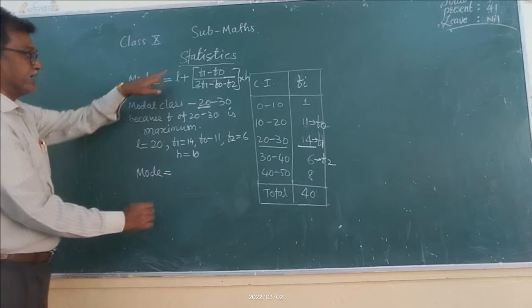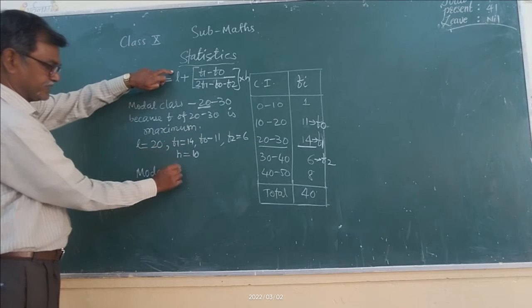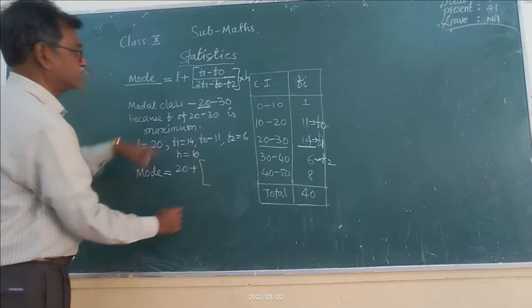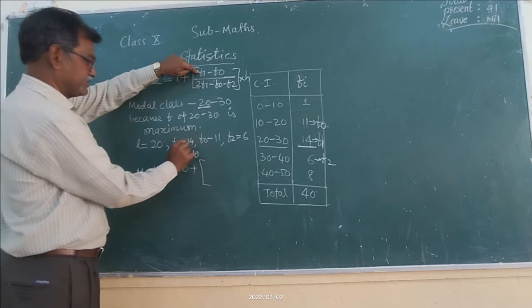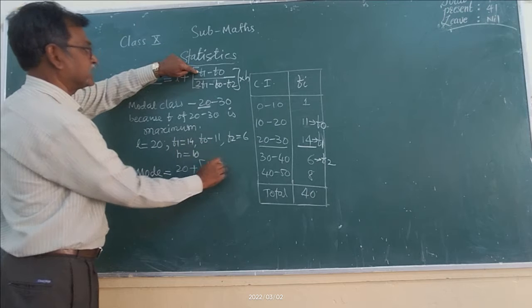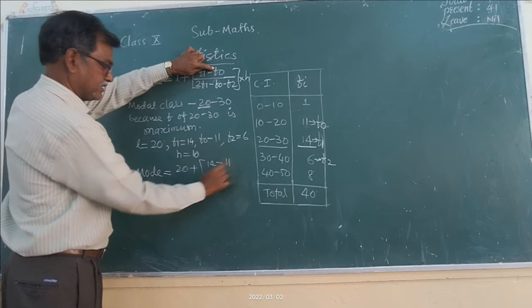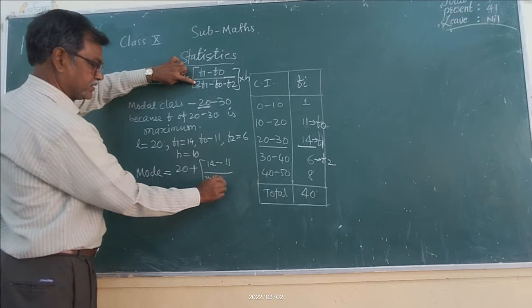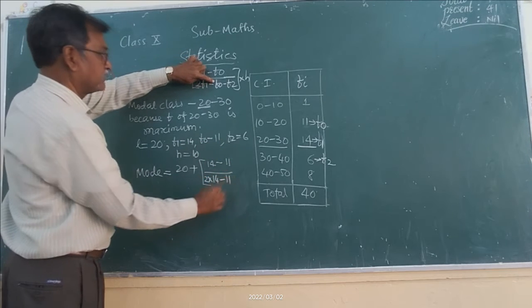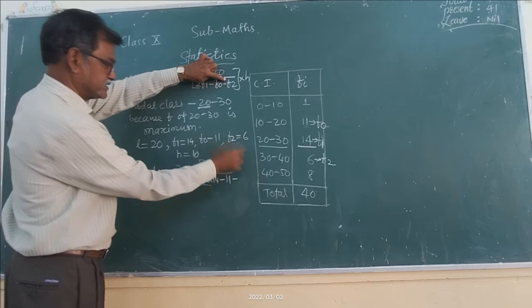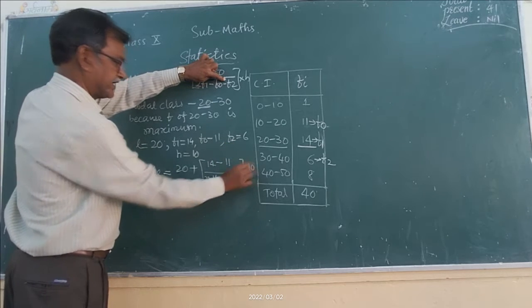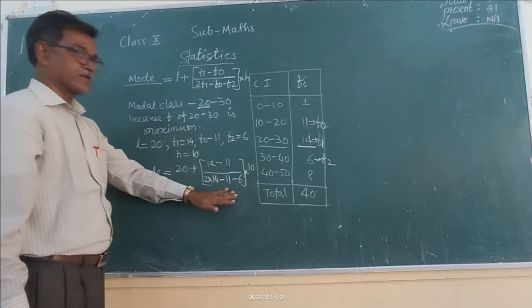Mode is equal to L. L is 20 plus in bracket F1, F1 is 14 minus F0 is 11, upon 2F1, is 2 into 14 minus F0 is 11 minus F2 is 6, into H is 10. Substituted the values.